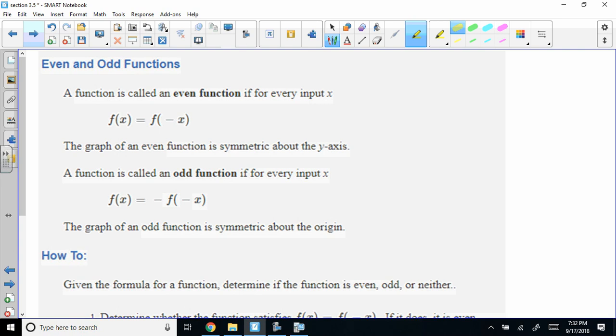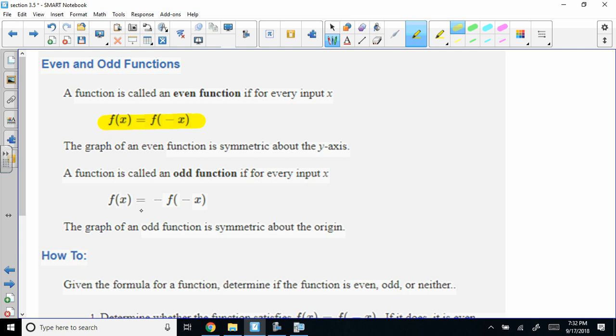All right, even and odd functions. I'll show you how to do an even and odd a lot easier than doing it algebraically. And what I mean by algebraically, you have an even function if the f of negative x is equal to f of x, right? If you plug in negative x's and everything comes back out to be exactly what you came up with, then you're good. It's even.